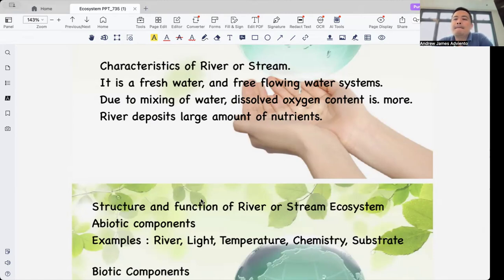It has high oxygen levels because flowing water mixes with air, supporting fish like trout and salmon. In terms of adaptations, organisms like mayfly nymphs or river shrimps cling to rocks, while fish develop streamlined bodies to resist strong currents. Rivers are systems of constant motion and change where life must adapt to survive.